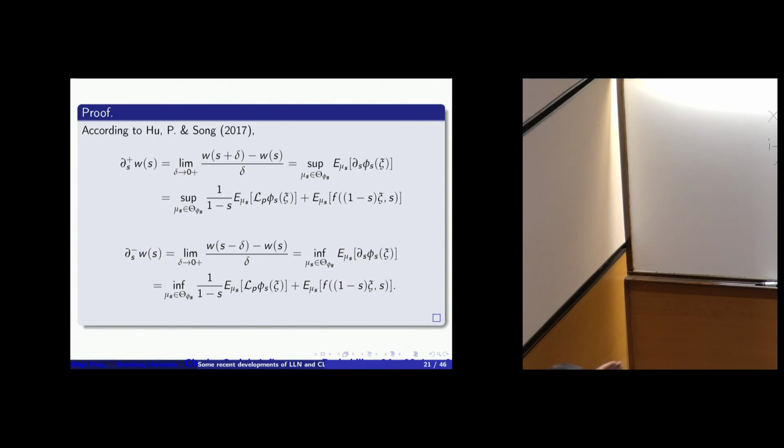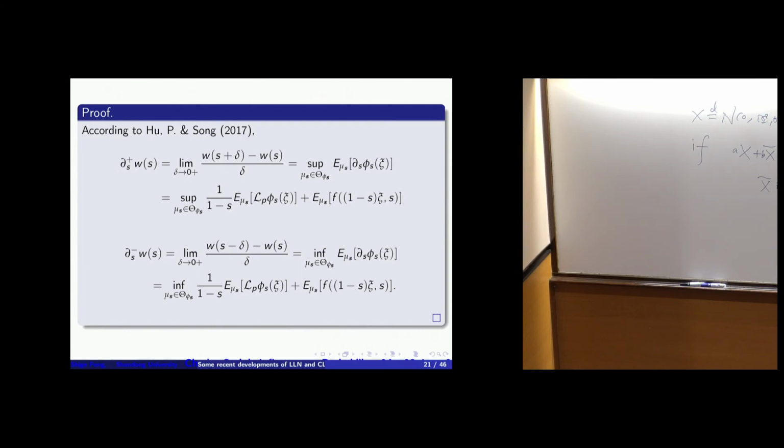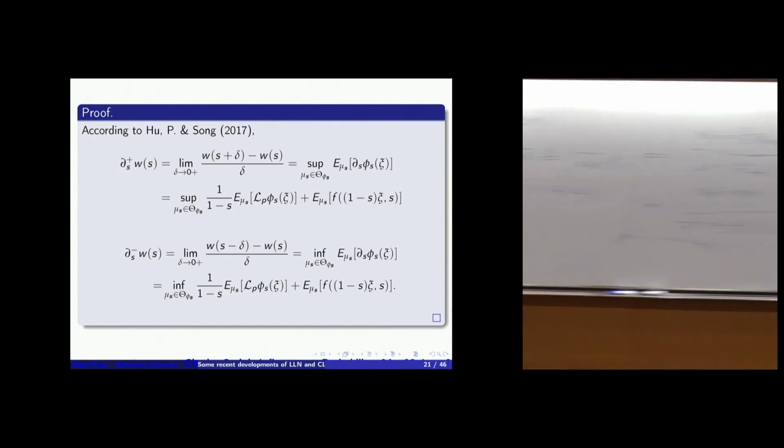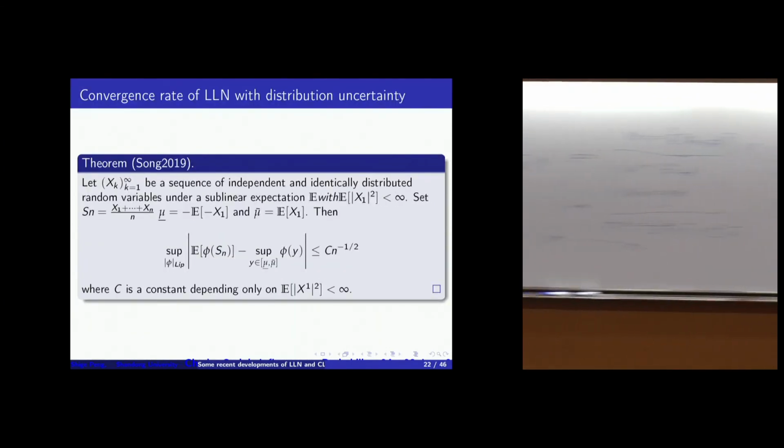And we can prove that in fact the upper derivative of W equals the lower derivative of W. This is just because W is Lipschitz. Then we can prove that this is the upper and this is the lower, so it's the same, because this equals this almost surely. So in this case, I can prove this one.